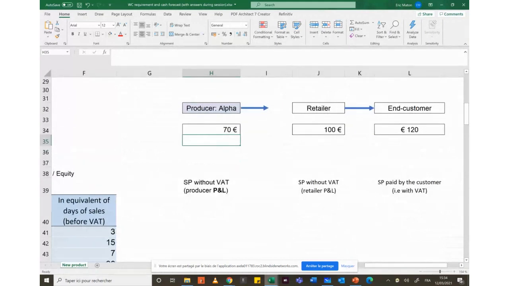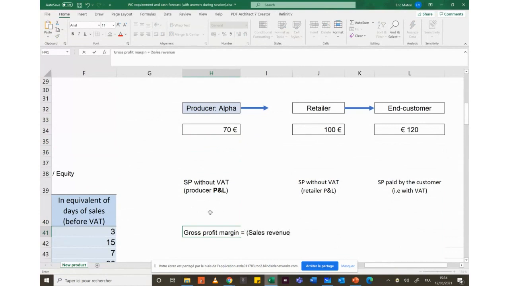So don't forget the gross profit margin is equal to the sales revenue minus the cost of merchandise sold, here in the retailer, divided by the sales revenue.